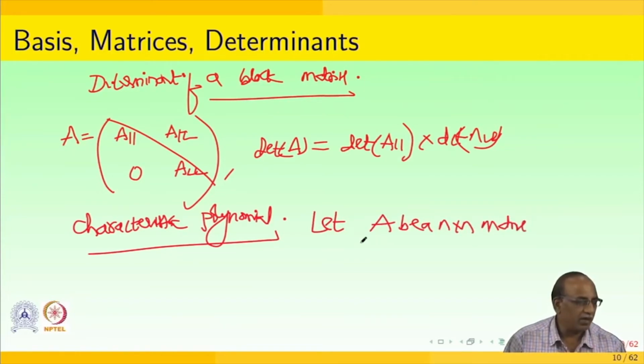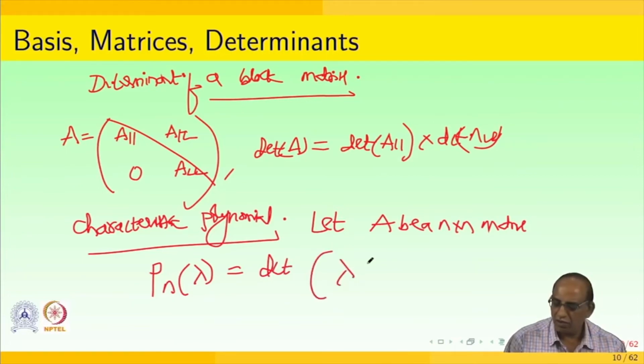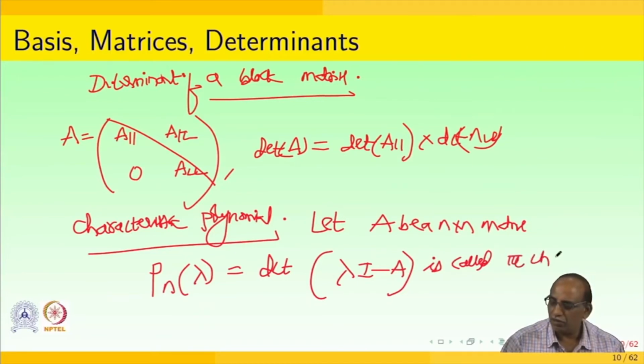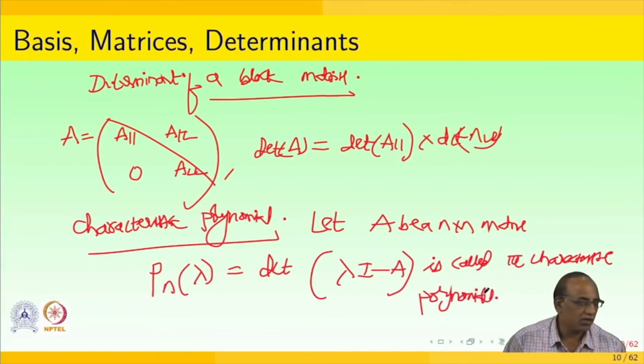We write it as Pn of lambda, which is equal to the determinant of lambda I minus A. This is called the characteristic polynomial.